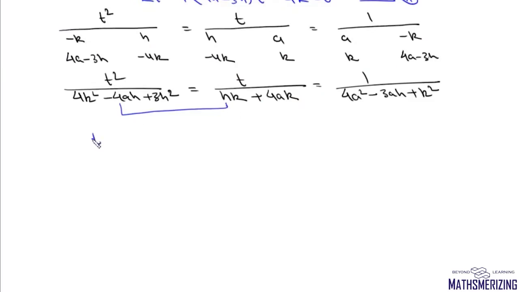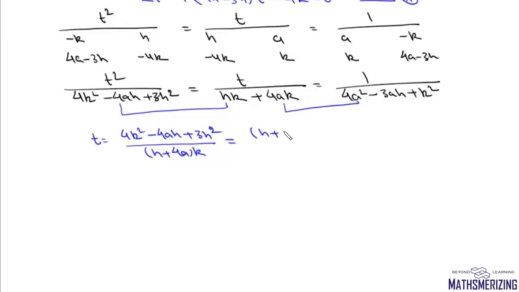We'll get t as 4k square minus 4ah plus 3h square upon h plus 4a into k, and from the second and third expression we'll write h plus 4a into k, and this is equal to 4a square minus 3ah plus k square.